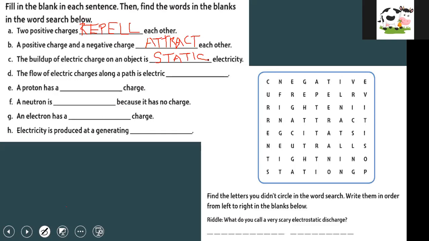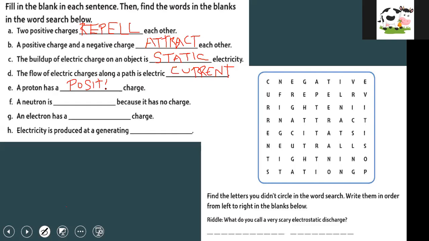All right. I'm gonna answer this one. Electric current. Okay, and a proton has what kind of a charge? Think about pro meaning. Positive. Okay.